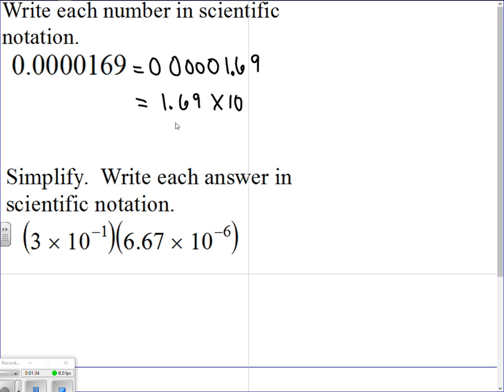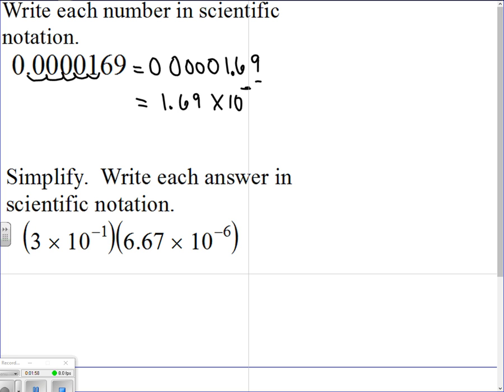Now if I want this number to become this number, am I going to move the decimal to the right or to the left? Remember, this was a very small number. I'd like this number to become smaller, so you have to go to the left. How many places? Well, I put it right here: 1, 2, 3, 4, 5.